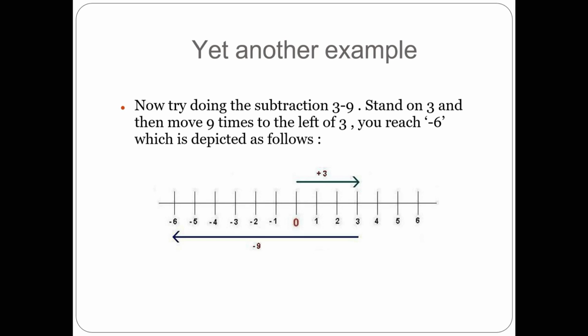If you go 9 steps, the numbers will come 2, 1, 0, minus 1, minus 2, minus 3, minus 4, minus 5, and minus 6. So the result will be minus 6. When we solve 3 minus 9, we obtain the answer minus 6.